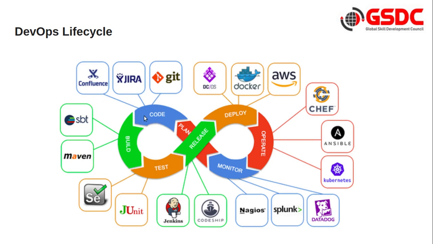Once the developer develops the code, we push that code to Git, to store it. What is the use of Jira? Jira is to track issues, meaning who is doing what and which features they are working on. Confluence is again for tracking.